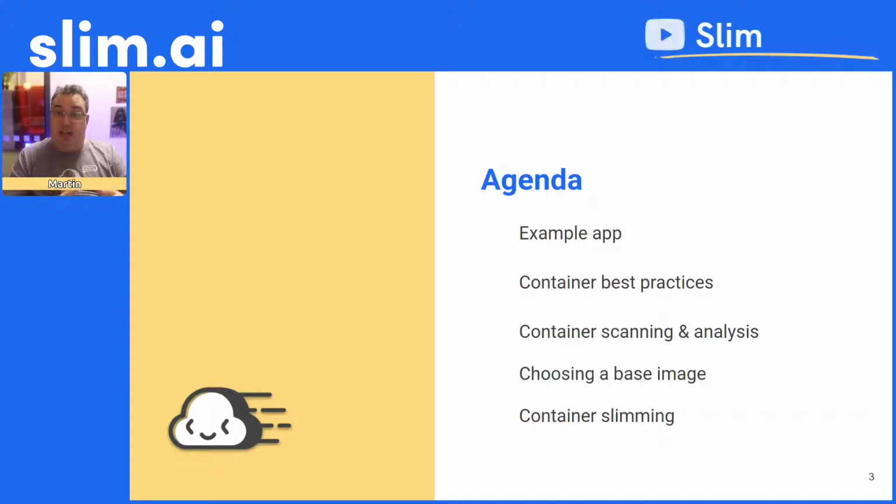And you should understand exactly what you're shipping into production. So I'll introduce several tools that you can start using today to help with that. Then we'll make an objective decision on what is the best base image for our example application. And finally, we'll minify the image with DockerSlim to significantly reduce the attack surface. So we're really going to cover it all.